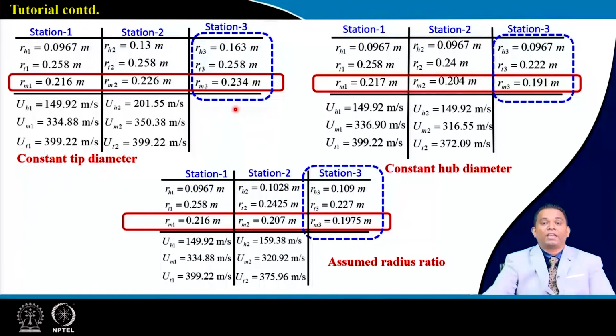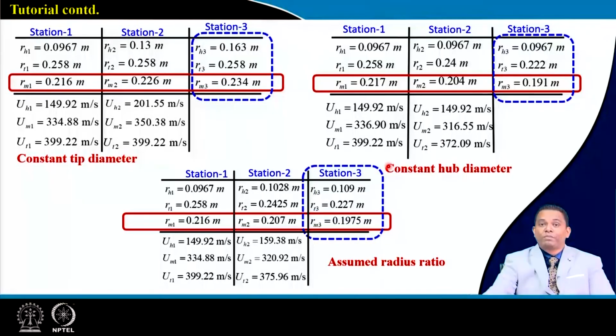We cannot be rigid or stubborn, saying no, I will go with only this kind of configuration. Based on your requirement, maybe you need to modify your design, and that's what we are doing here. If we compare our hub radius, tip radius and mid radius, my hub radius is coming slightly higher compared to the constant hub diameter configuration.